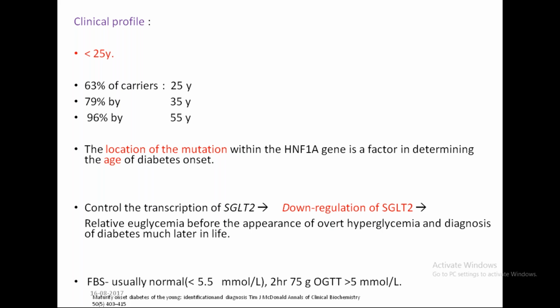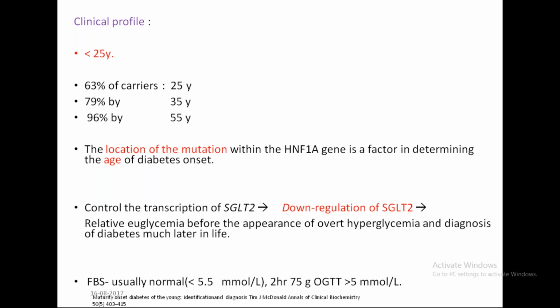The number increases. Usually the onset is less than 25 years, but as the age continues, they come to be noticed by a physician, or they themselves come to notice it. The location of the mutation in HNF1 alpha determines the age of onset of diabetes, and controls the transcription of SGLT2 or downregulation of SGLT2 channels, which are present in the proximal tubule, which is responsible for absorption of the most amount of glucose.